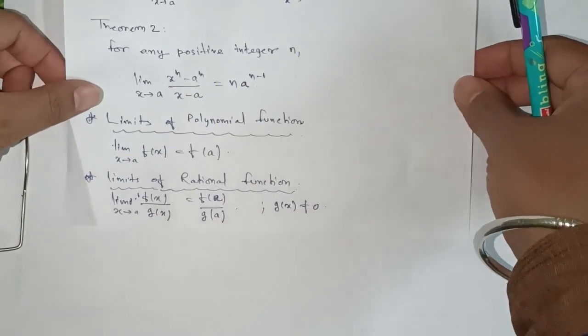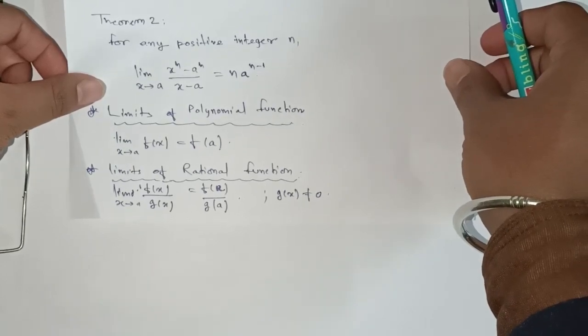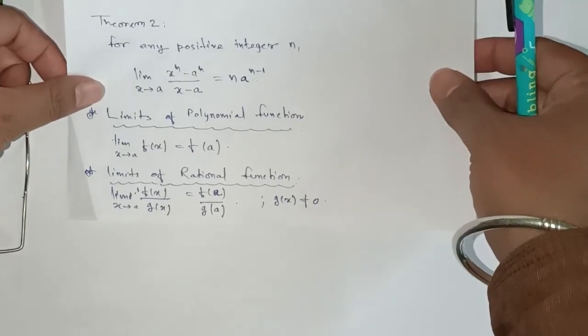Now we have two more properties, that is limit of a polynomial function and limit of a rational function. Let's understand the meaning of this. It says that if you have a polynomial function, I hope you remember the polynomial function.